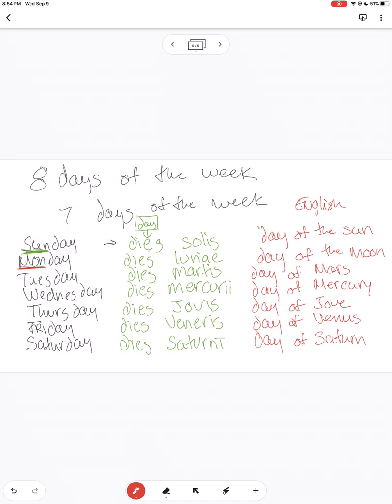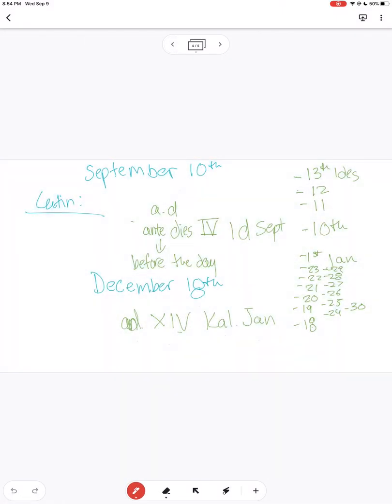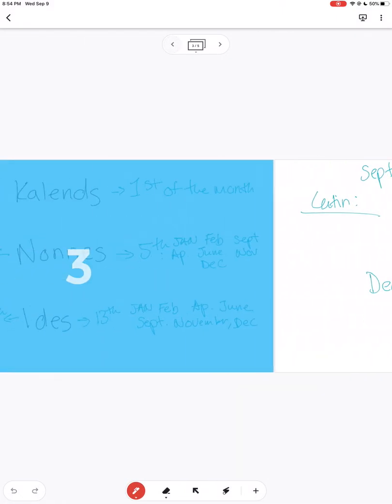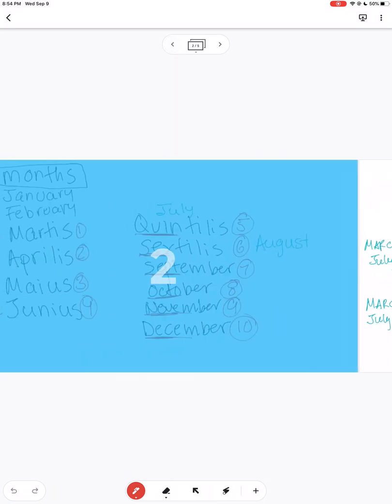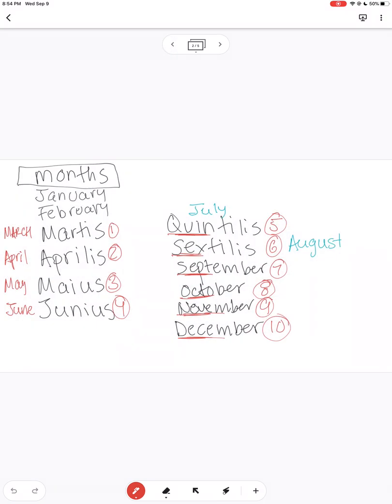So that is all. Be sure to look over each of these and know how to count the days and which months are which. We'll be going more over some of these because there's historical background in a lot of these.